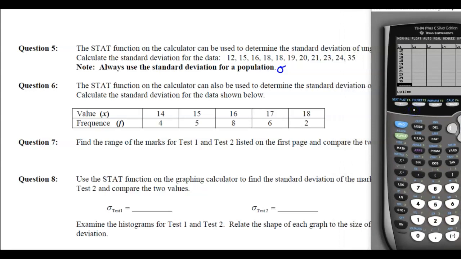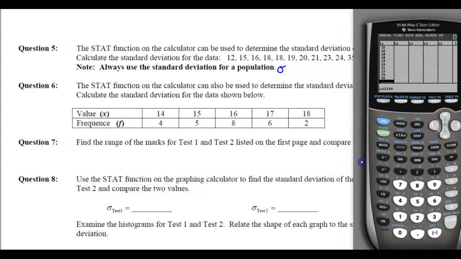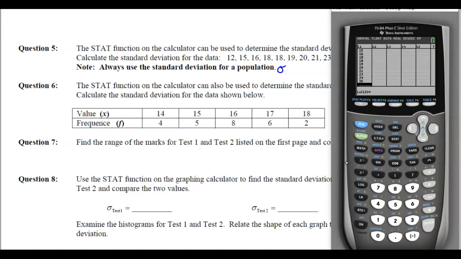So I have 11: 1, 2, 3, 4, 5, 6, 7, 8, 9, 10, 11. Once you've got them in there, it's not a frequency chart, it's just a straight set. So we'll go to stat, calc, one variable stats, list one, and frequency we just clear off. There's just one of each.